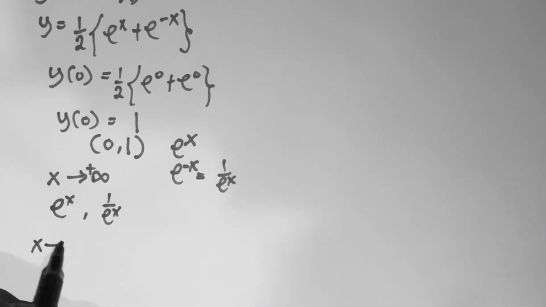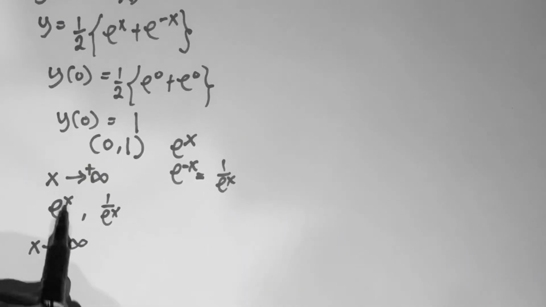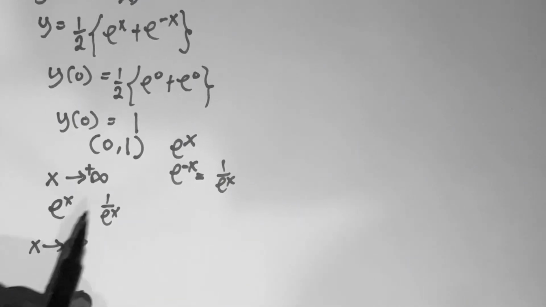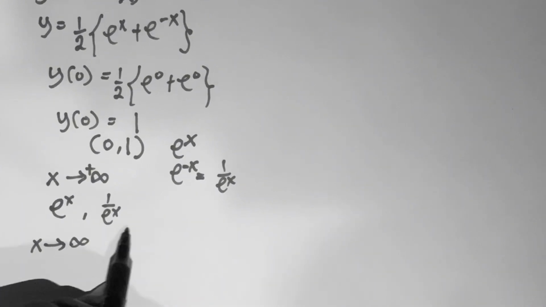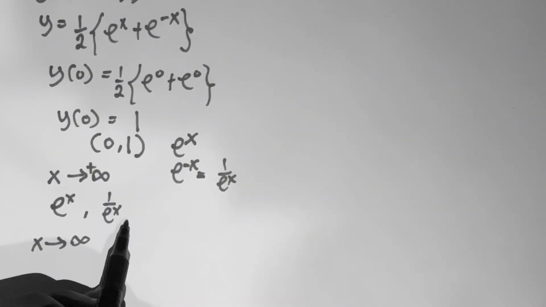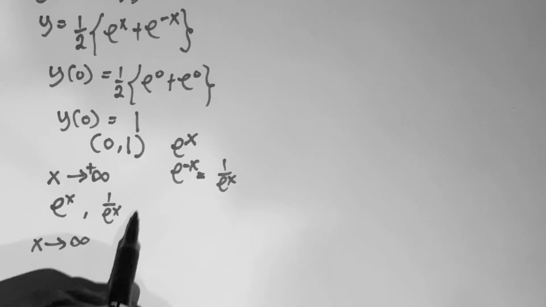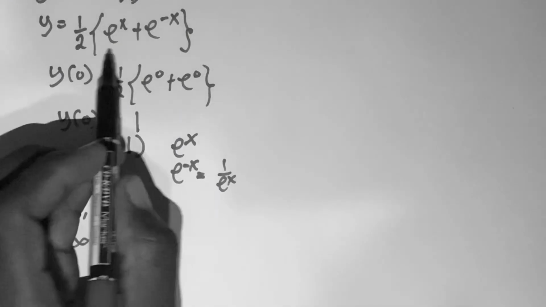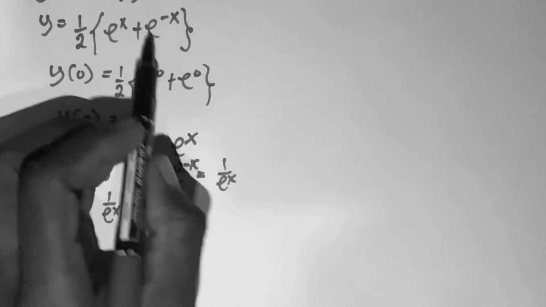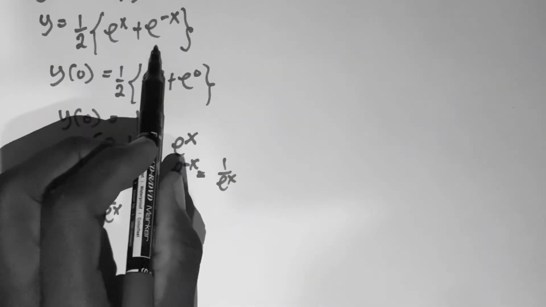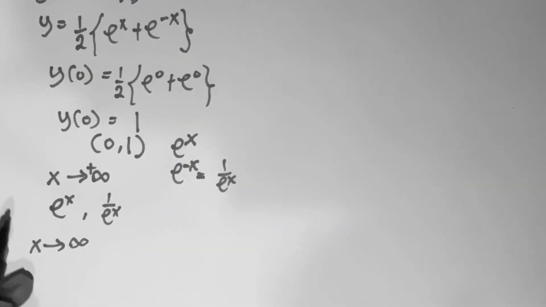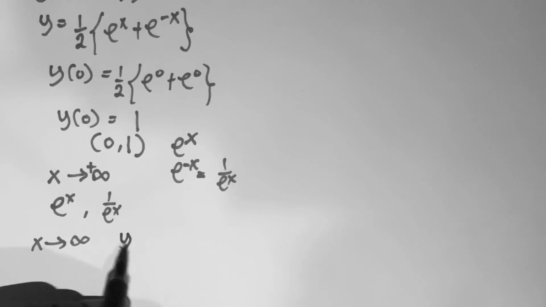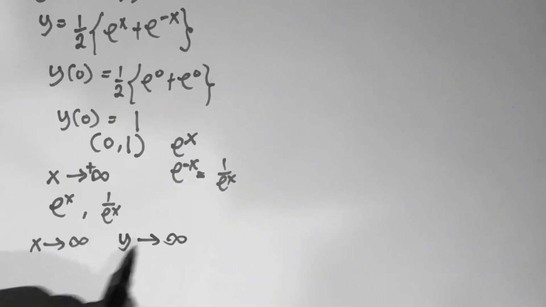As x approaches infinity, e^x will go to infinity, and 1 over infinity is 0 for 1 over e^x, and therefore this function goes to 0 whilst this one goes to infinity. So it becomes infinity plus 0. That is a very big number plus 0, and that will give us infinity. So as x approaches infinity, y approaches infinity.